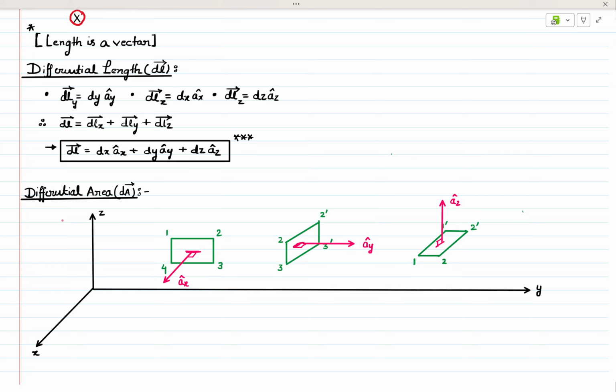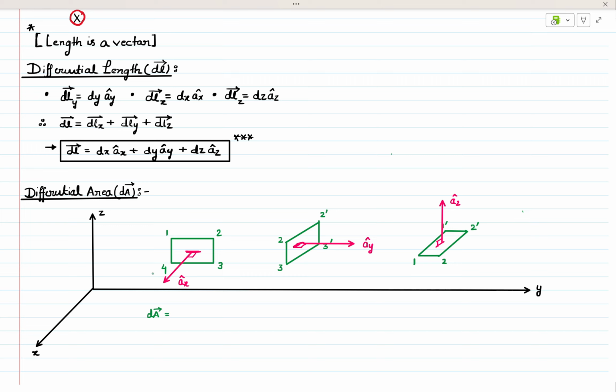I am talking about the differential area, that is dA over here. Okay. So now let's see what these three differential areas are. For 1, 2, 3, 4, the area which has the direction of x is denoted by dA in the direction of x, right?